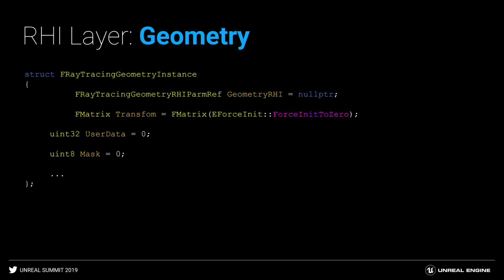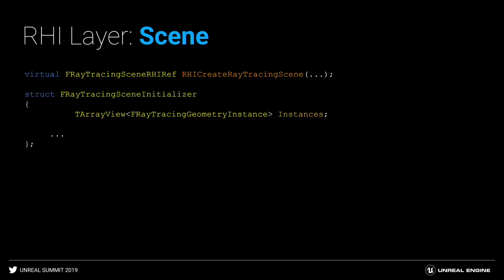There's also an instance mask that can be used for visibility within ray traversal, and that can be different per instance. Next, there's a ray tracing scene, which is simply a collection of the instances. That's a fairly simple concept.